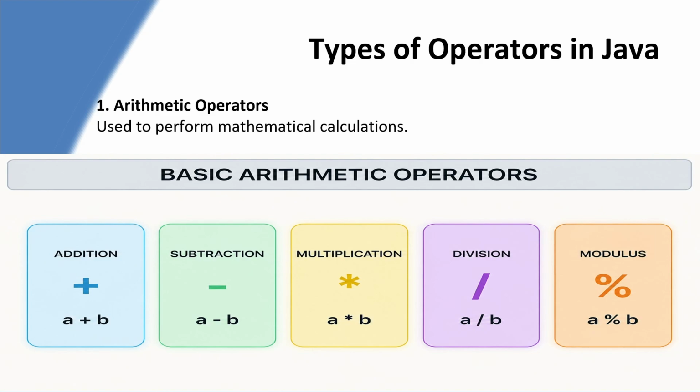Arithmetic operators are used for calculations. Assignment operators assign values to variables. So let's see arithmetic operators.